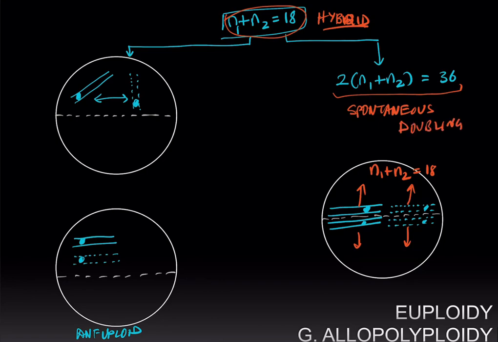And it doesn't have to be just double. It can be 2 or more, and that allows synapsis and pairing of chromosomes during meiosis in the hybrid, and reliable segregation, allowing this allopolyploid to be fertile and be able to propagate itself.